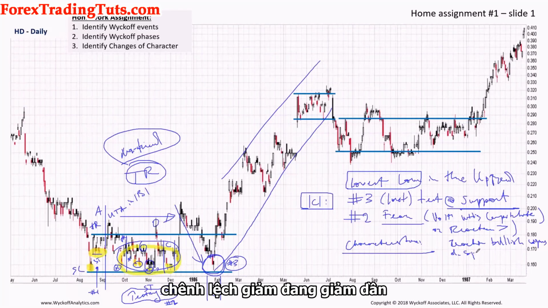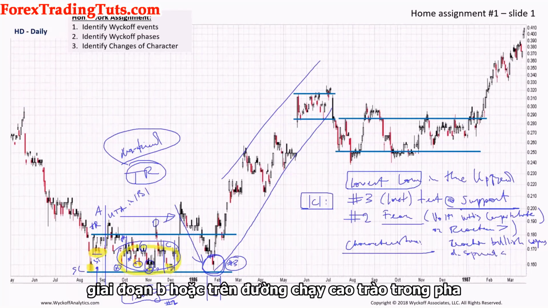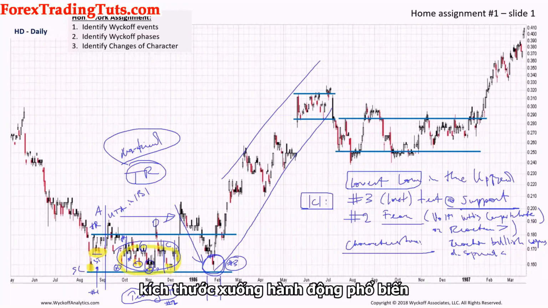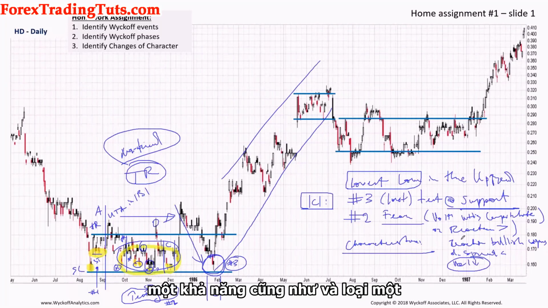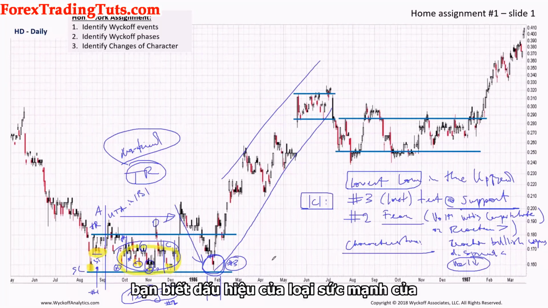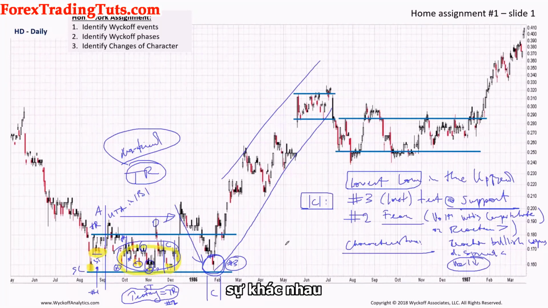The downward spread is diminishing relative to what we've seen, let's say, in phase B or on the climactic run in phase A. We could also see that, with this diminishing down spread, the volume is also diminishing. That could be a possibility as well. And a kind of laborious move to the downside, instead of a very quick, sign of strength type of move to the downside. So that's the big difference.